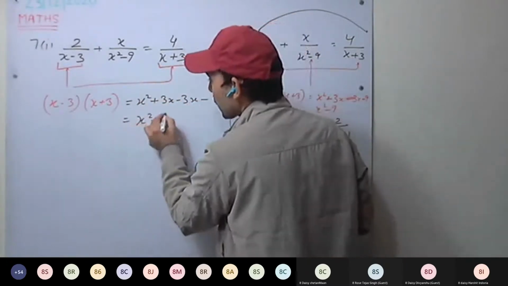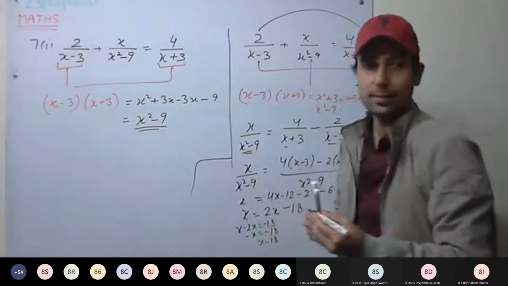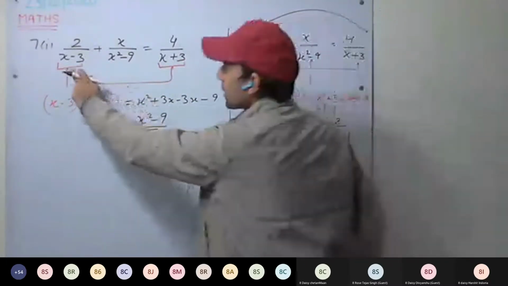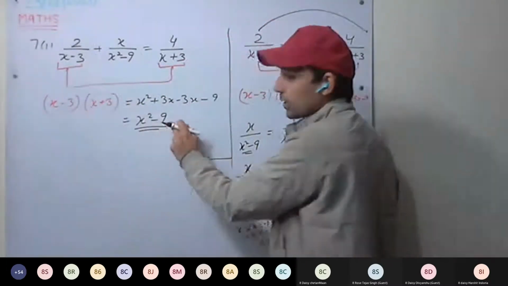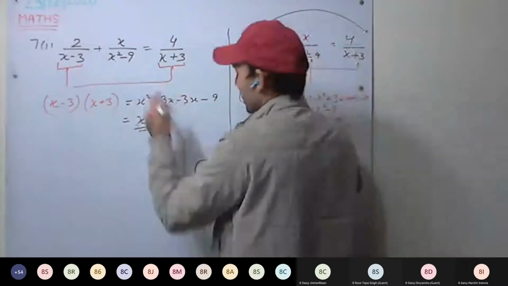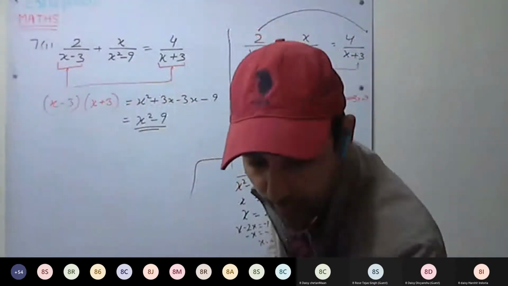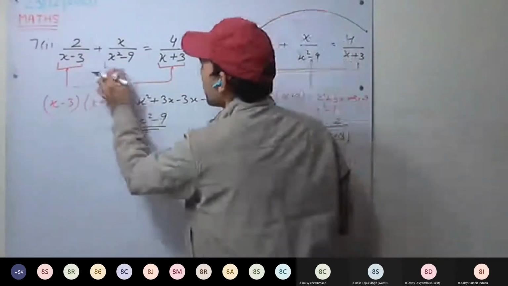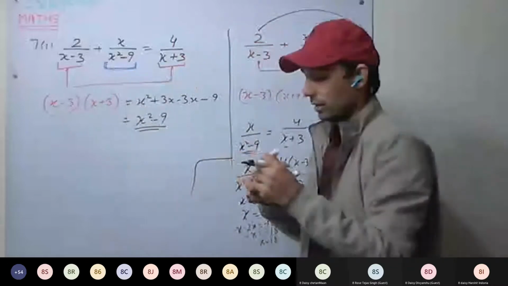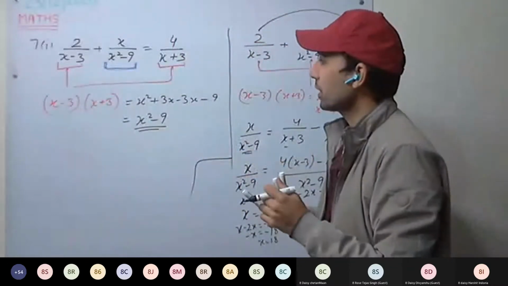This is how much? x square minus 9. If you multiply these two denominators, we are getting x square minus 9. That is, this denominator we are getting.